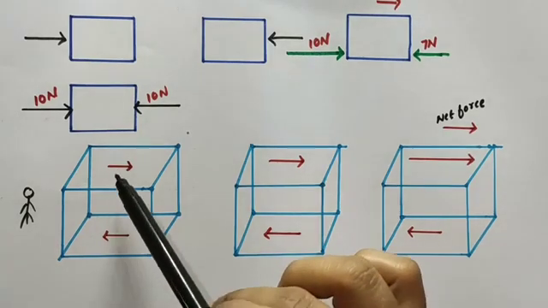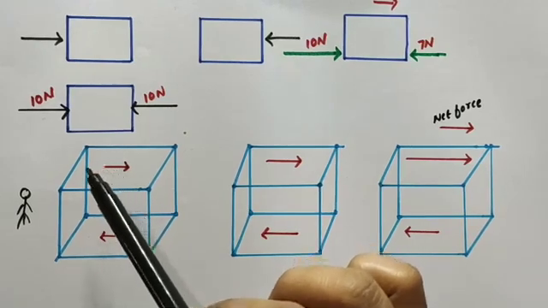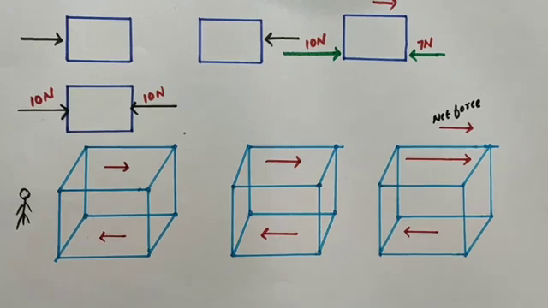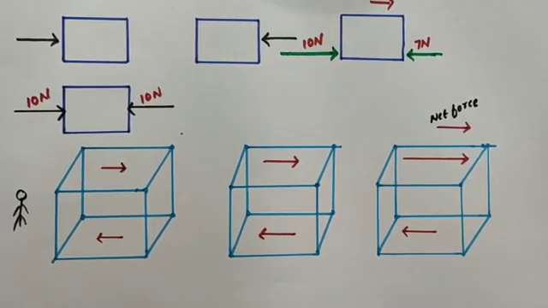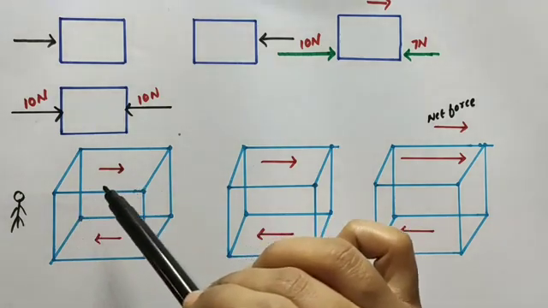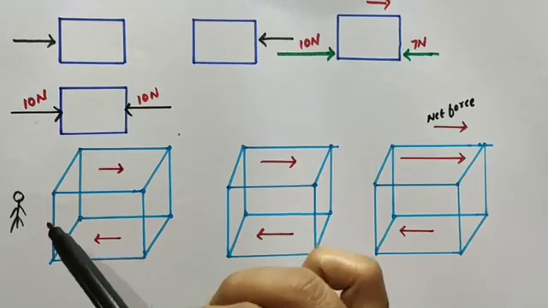This represents the force applied by the child, and this represents the frictional force which acts between the bottom surface of the box and the surface of the floor.